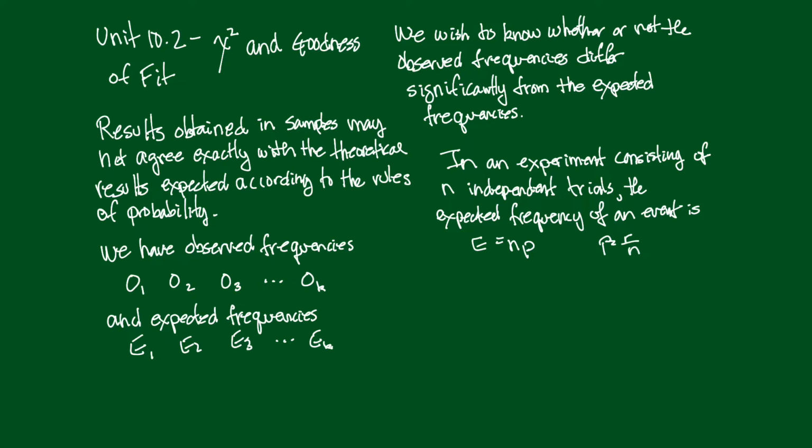I'm going to write it a little bit more general. If you have more than just one success, p could be x1 plus x2 plus ... plus x sub k over n1 plus n2 plus ... plus n sub k.